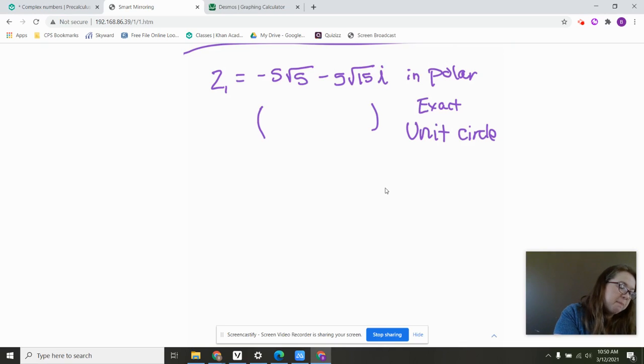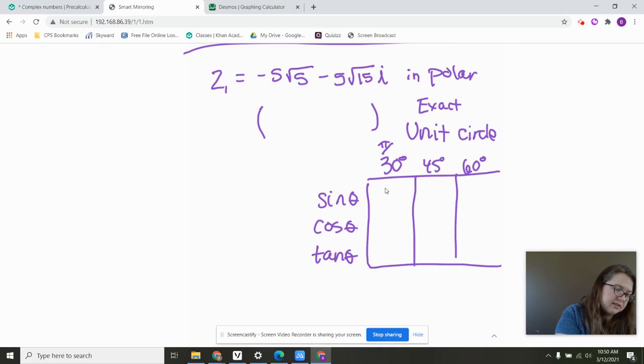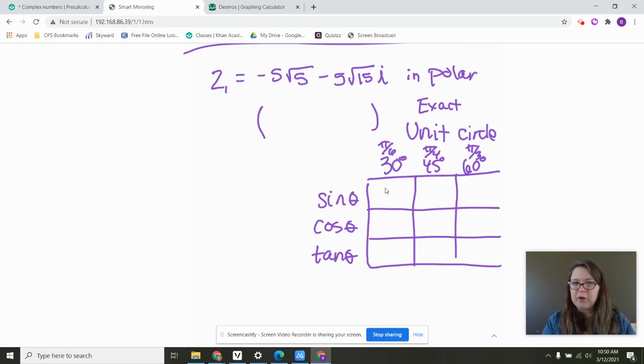Okay, so if we had the sine of theta, cosine of theta, tangent of theta of 30 degrees, 45 degrees, or 60 degrees, which is the same thing as pi sixths, pi fourths, and pi thirds, then the values go like this. This is a really cool pattern. You ready for it?